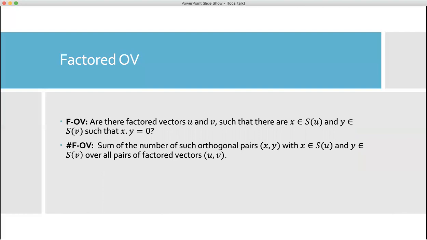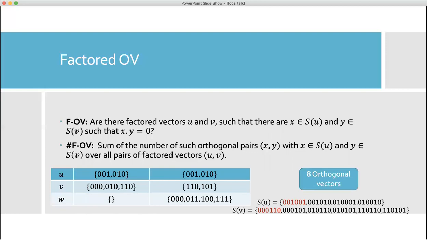Now, counting factored OV says that for each factored pair of vectors u and v, count the number of orthogonal pairs x and y where x is in S of u and y is in S of v, and then sum all these numbers for all the factored vector pairs.